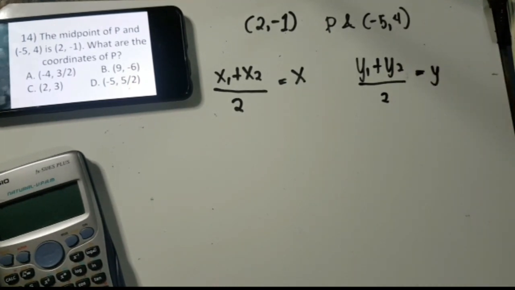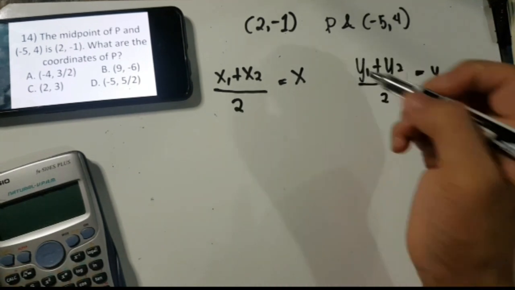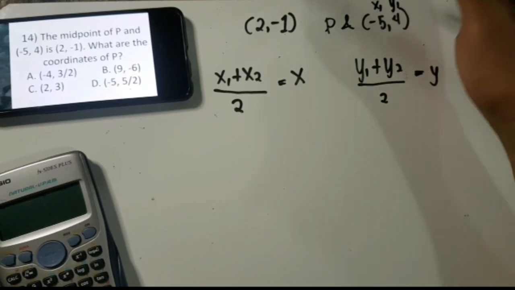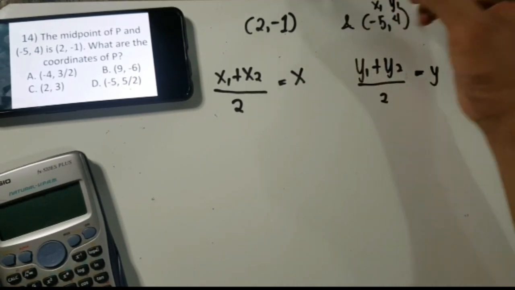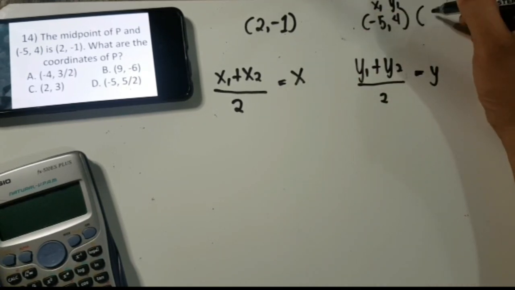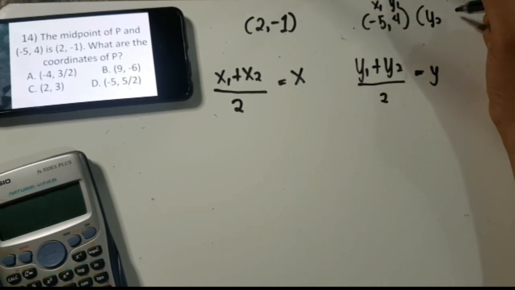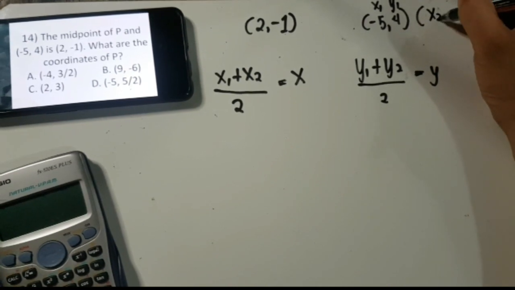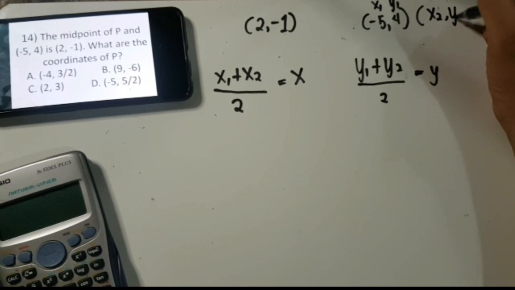So, ilet natin si P as the coordinate na hinahanap natin. Okay? So, x sub 1, y sub 1. So, si P natin, sulat natin siya dito. x sub 2 and y sub 2.